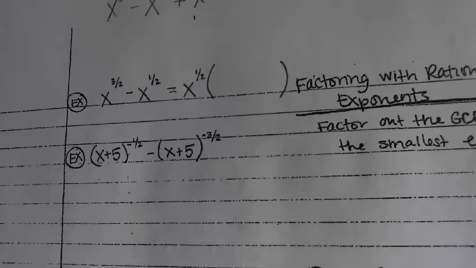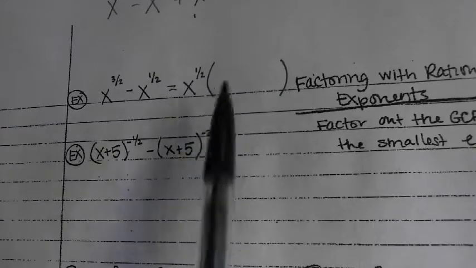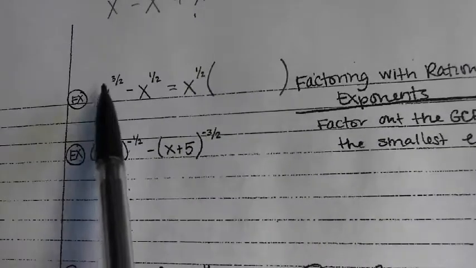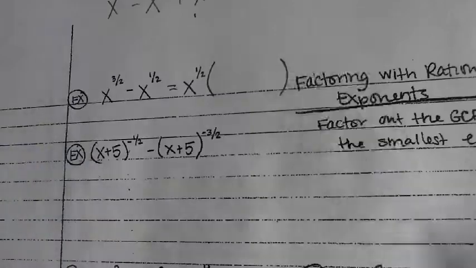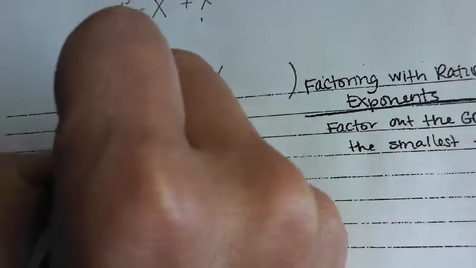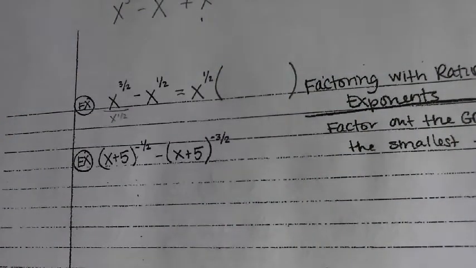So to go back to the basis of what you are doing when you take out a GCF, to figure out what's left, we actually want to divide a 1/2 out of this term. So you might want to write that down to visualize what's happening, because it's going to be more challenging with fractional exponents. What will x to the 3/2 become when you divide out x to the 1/2, and why? Joe?